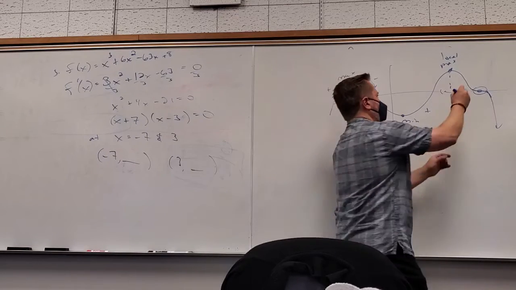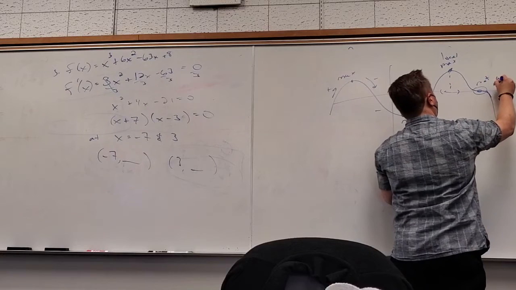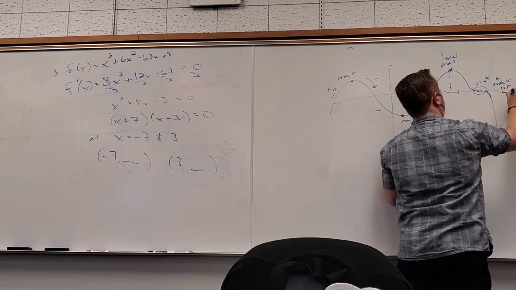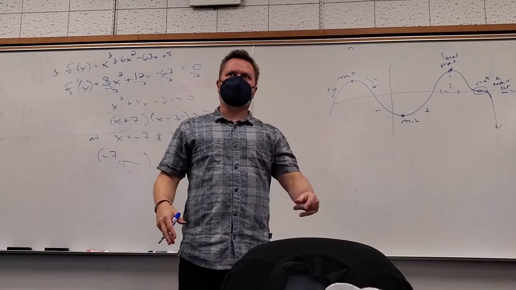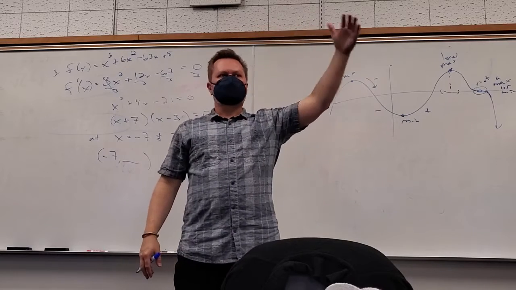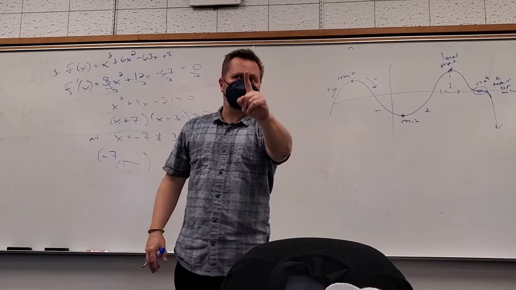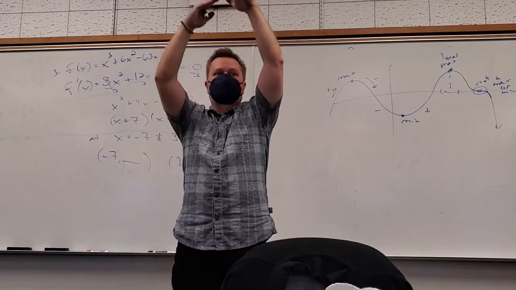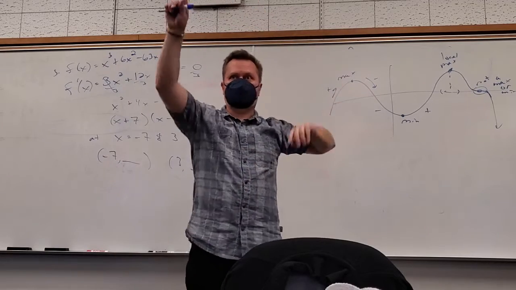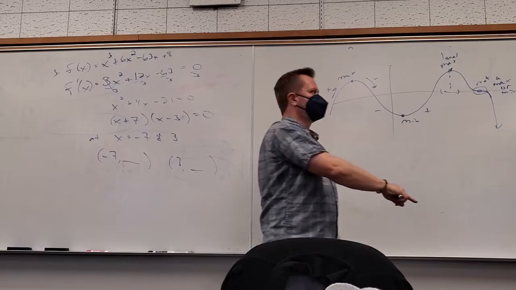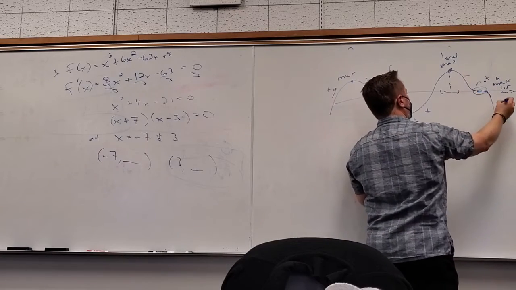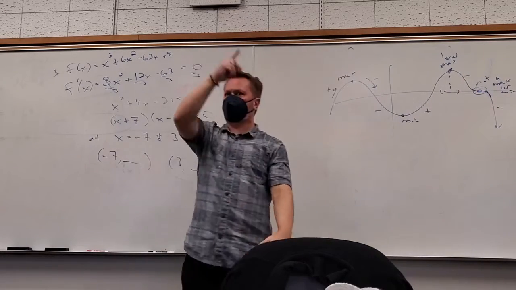So that is not a max or a min. It seems like if the derivative equals 0 somewhere, that could be a maximum or a minimum, but it doesn't have to be, because it could just be resting for a second. Here the slope is negative, and here the slope is still negative, so it didn't turn.